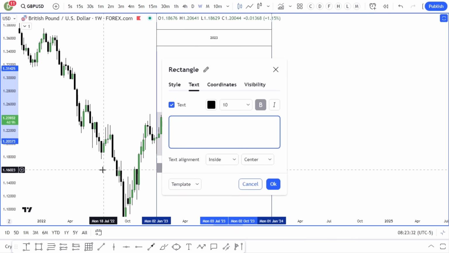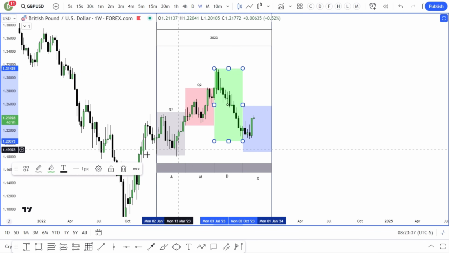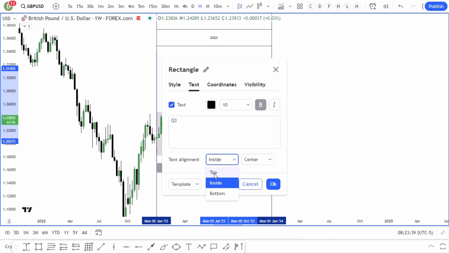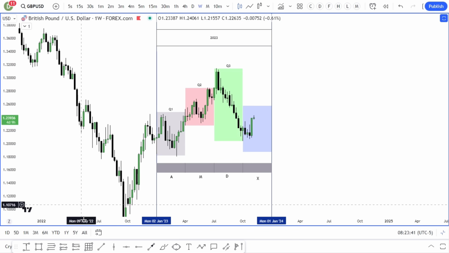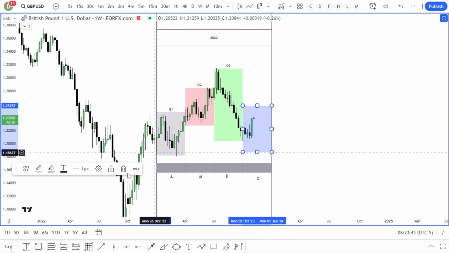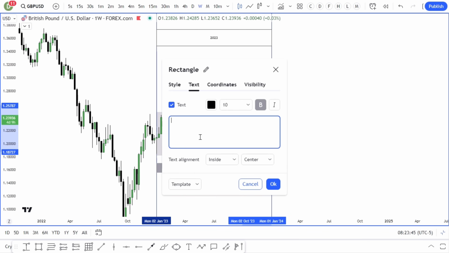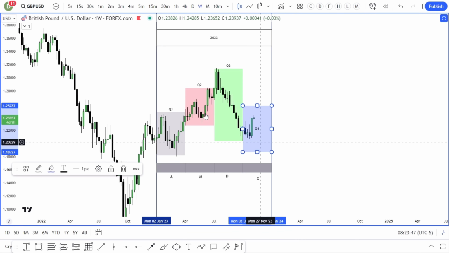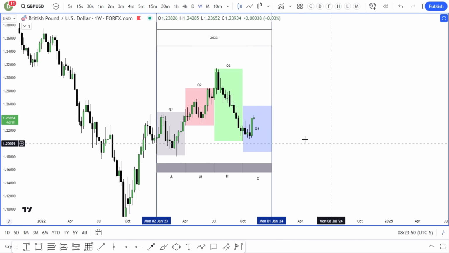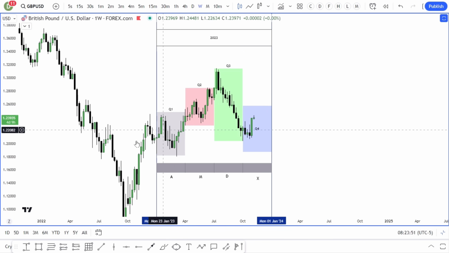Q3 is our, let's make it like this. And then Q4, either continuation or reversal, right? Call this Q4. These are pretty much the characteristics of the quarterly theory based on time and price, right?